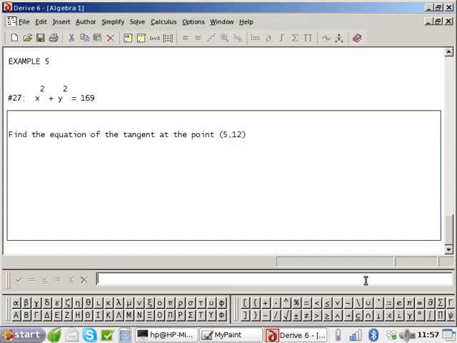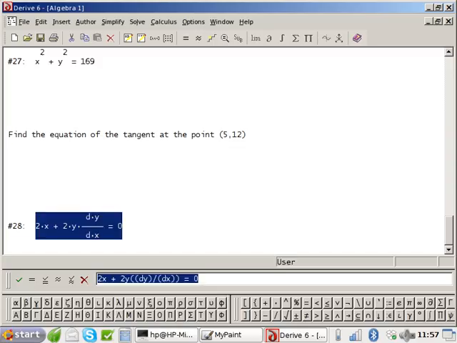Let's have a look at this now. So what's the derivative here? 2x plus 2y dy dx equals 0. So dy dx equals minus x over y.